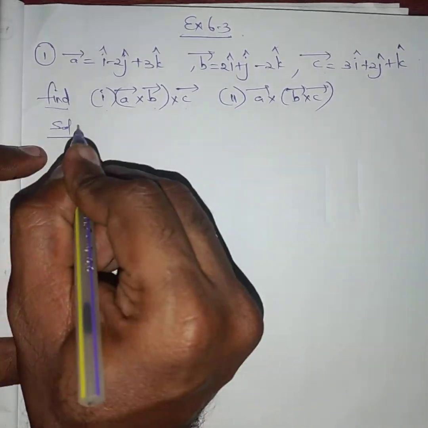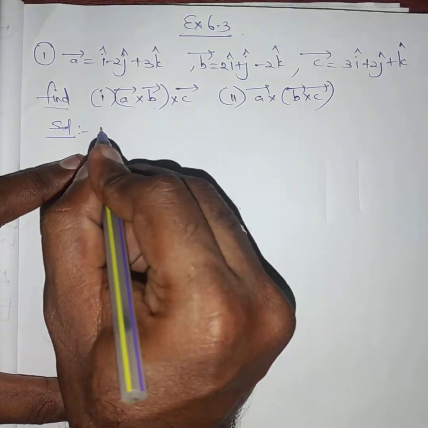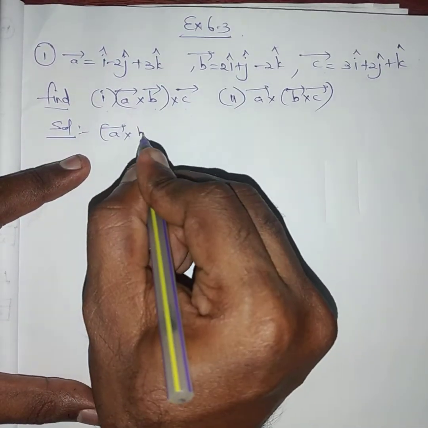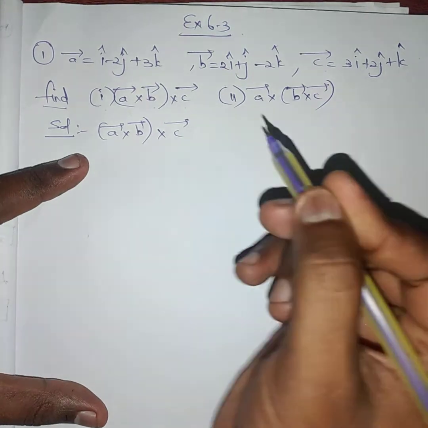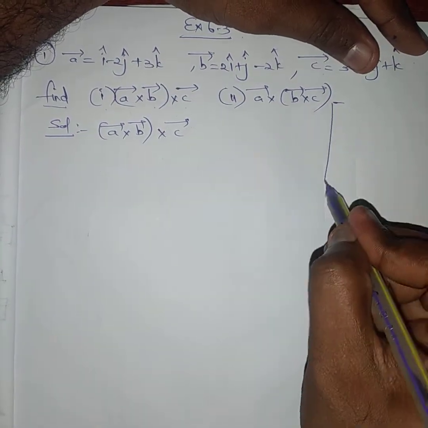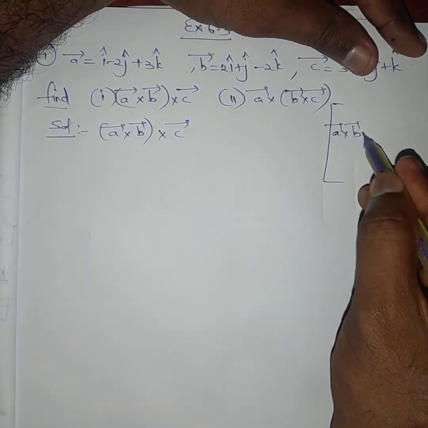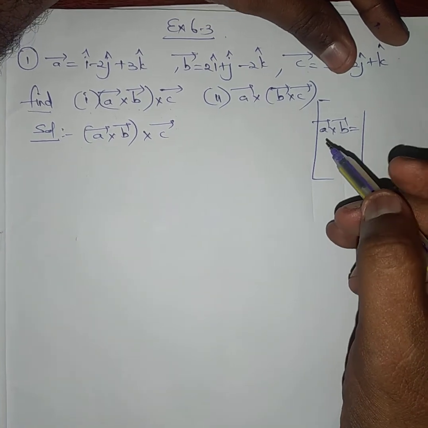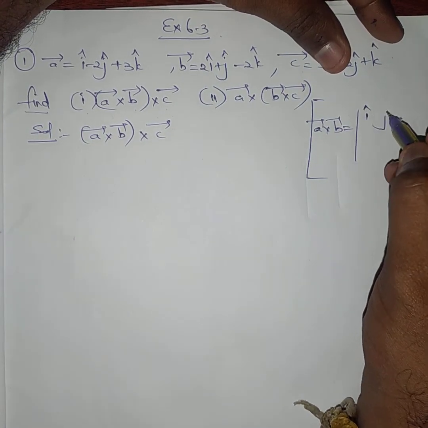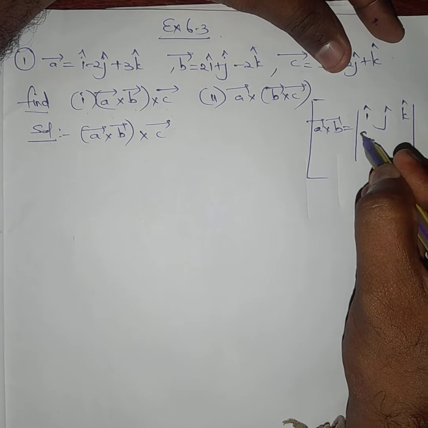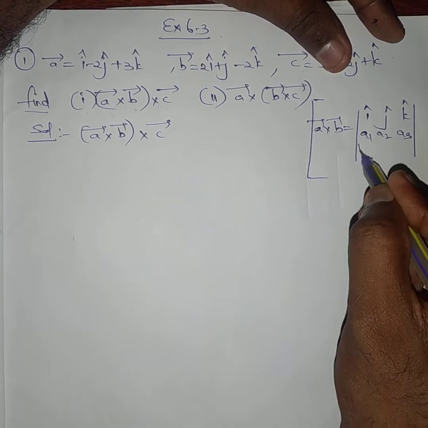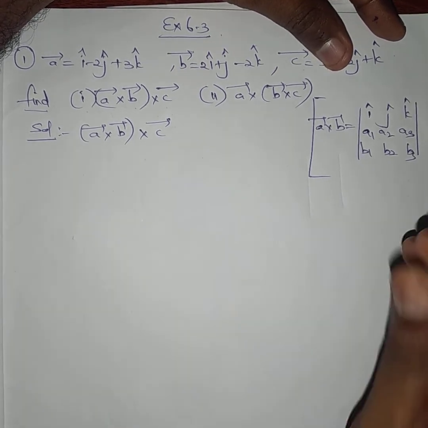Solution for first subdivision. To find A vector cross B vector cross C vector, we know the formula. A vector cross B vector is equal to determinant of I cap, J cap, K cap, A1, A2, A3, B1, B2, B3.